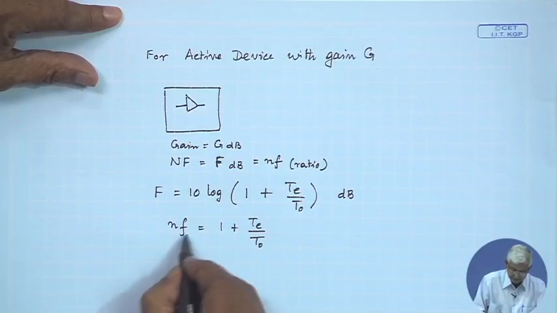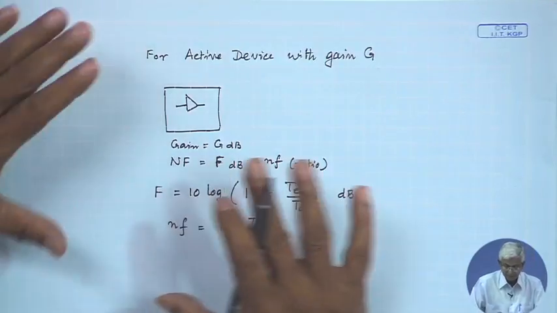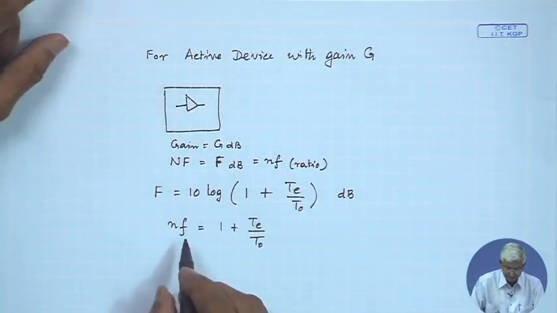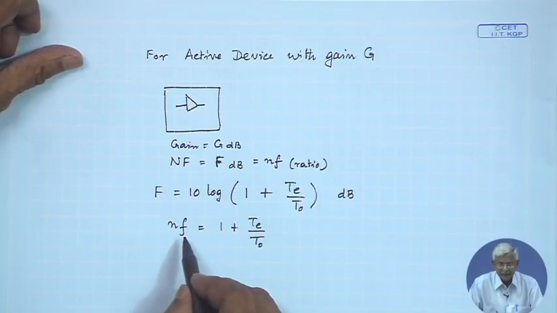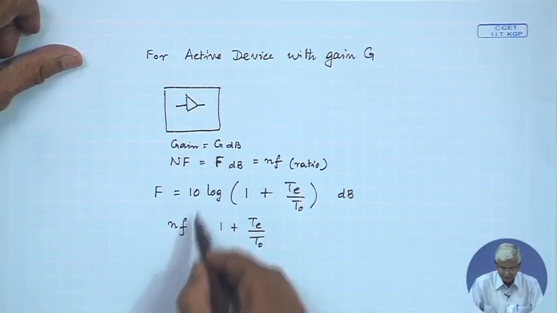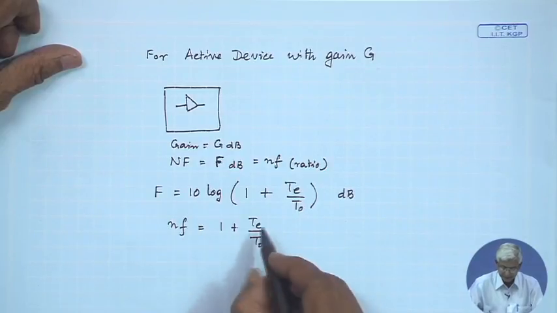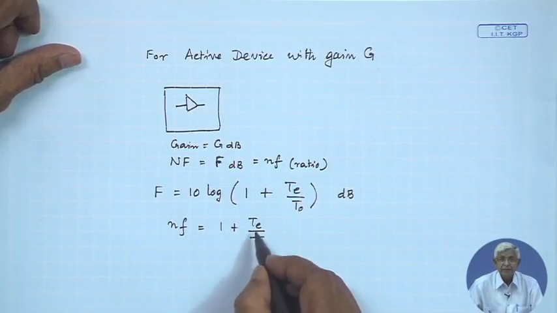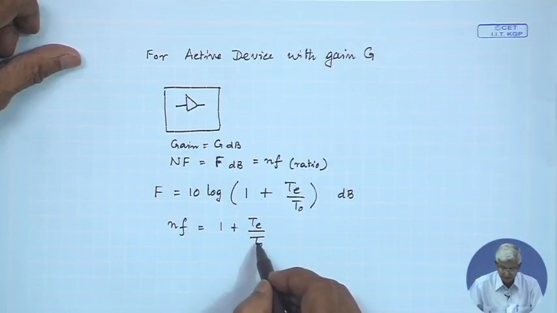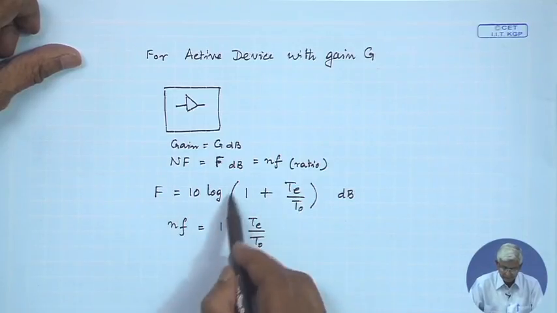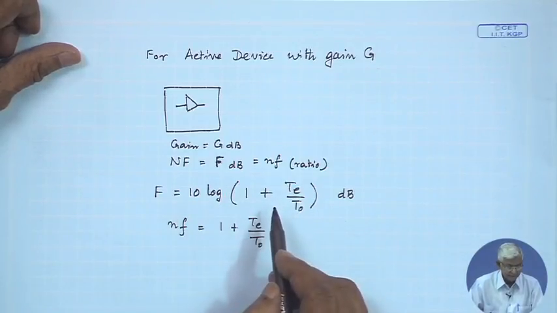Earlier we called this capital F, but to make sure you do not make any mistake, we are calling it nf, that is ratio, not in dB. Don't confuse. When it is ratio, the temperatures are simply numbers in ratio, so Te by T0. When it is in dB, it has to be 10 log of that.